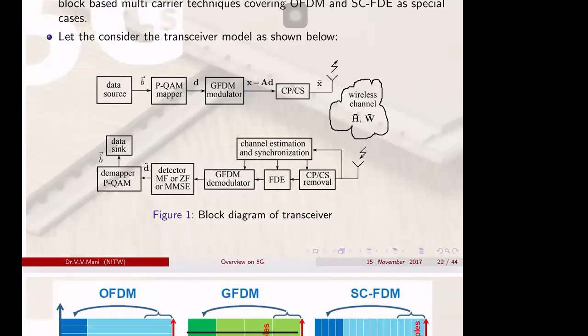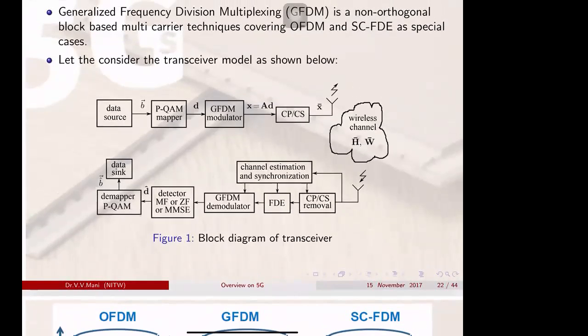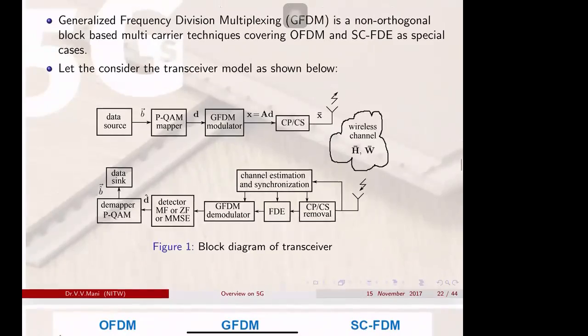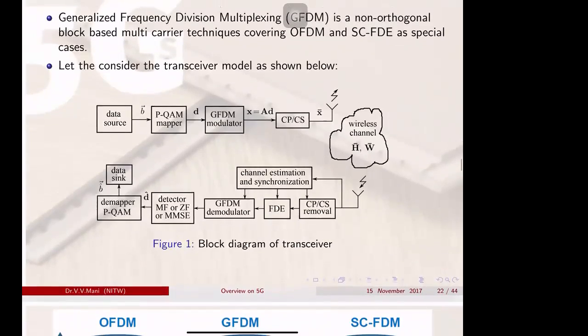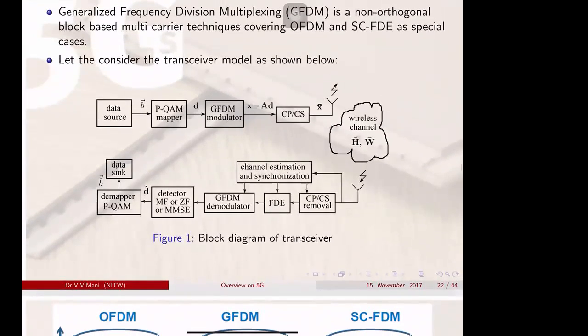Okay, a typical block diagram of a GFDM modulator looks in this fashion. So what is new to us? The new thing is only the GFDM modulator. So we try to understand how the GFDM modulator is constructed.